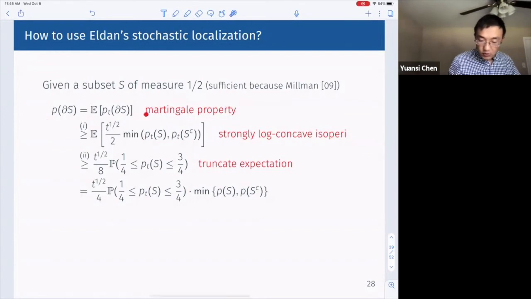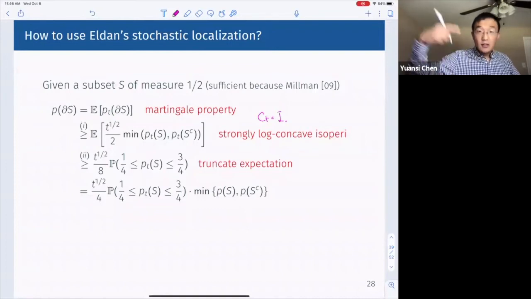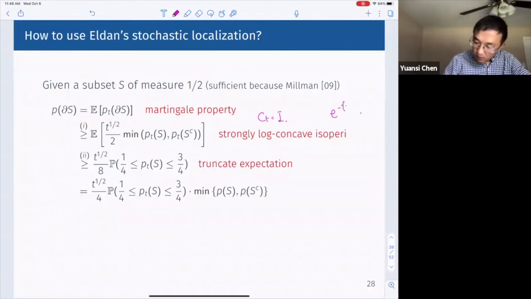The first step, you observe this martingale property: the expectation of the boundary measure equals the original boundary measure. And then at time t, the interesting thing is that when you use the control matrix C_t equal to identity, you add a Gaussian that is increasing linearly. When you add a Gaussian, it becomes a strongly log-concave density, meaning e to the minus f with Hessian of f larger than t.